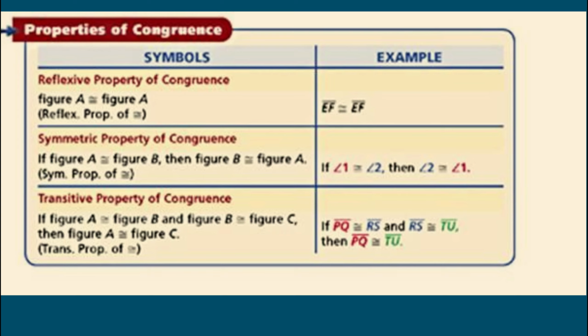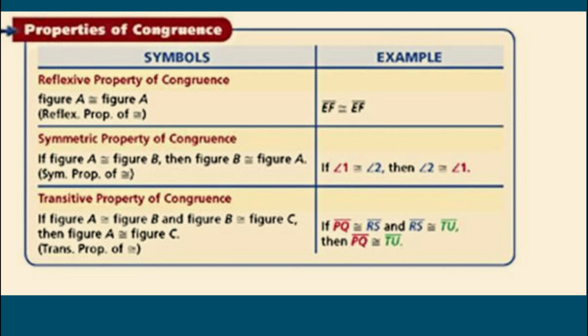Okay, and then finally we have something called the transitive property of congruence. Now these are all different types of properties that are similar to equality. Transitive property of congruence is basically saying if A is congruent to B and B is congruent to C, then that means the first thing that you had has to be congruent to the last thing.